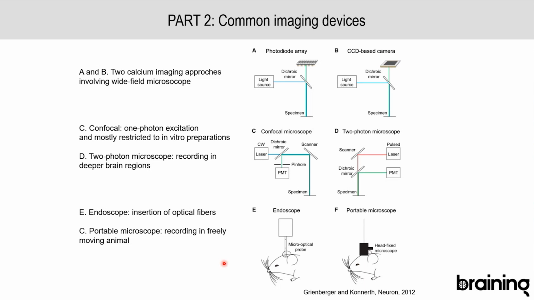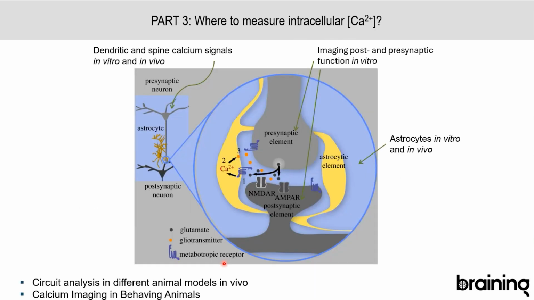So there are a lot of ways to do this recording. So ex vivo, in vitro, in vivo, and of course, the complexity of these different approaches is very, very different, but indeed we can do all this type of recordings.